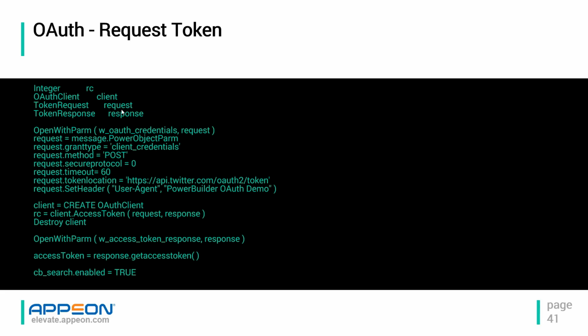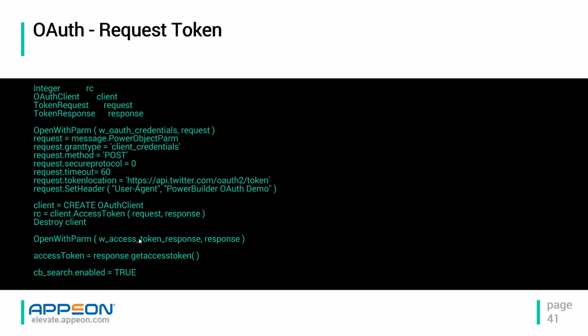I created an OAuth client. The token request and token response I didn't have to create. Well, I didn't have to do the request because I got it from the window. But the response I don't have to create. I just pass the reference to it. And I destroy the client immediately just because I'm trying to keep things clean.